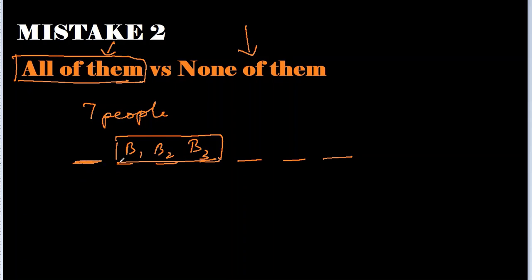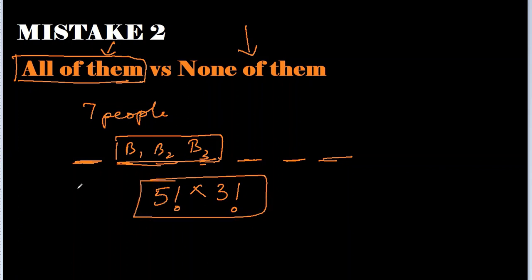Now these 3 are together, moving together, so they become one space. 5 factorial ways they can be arranged, and within this box, they can be arranged 3 factorial ways, right? But they're saying all of them must not be together. Here we have made a box, and we don't want this case. So we'll subtract this many cases from the total number of cases.